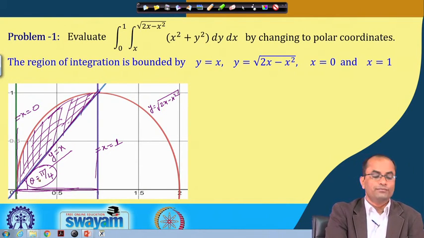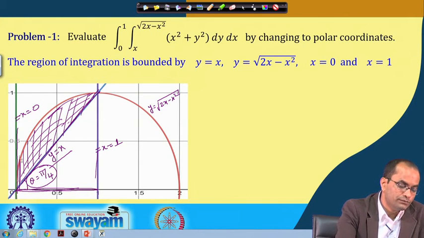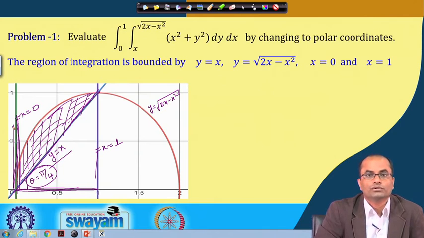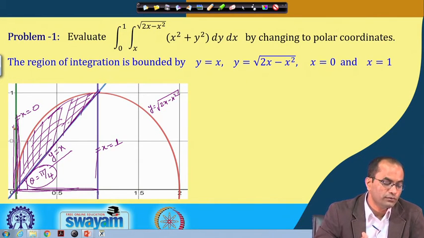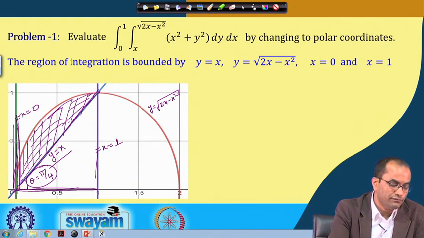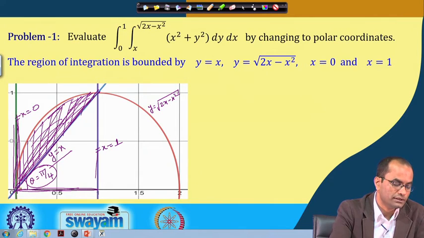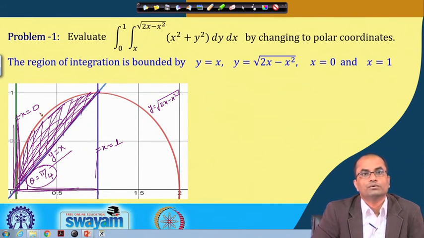So, it is pi by 4, and then we are going up to this line, that is pi by 2. So, theta is varying from pi by 4 to pi by 2, and for r we are always going from 0 to this circle.